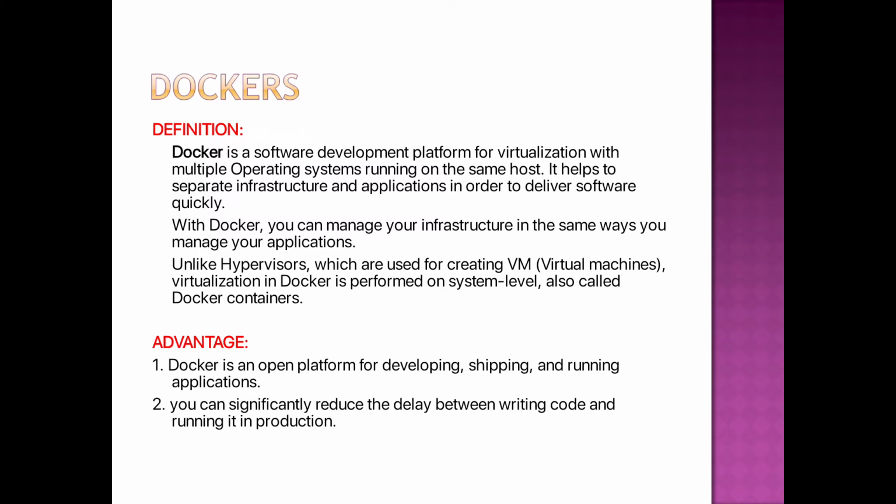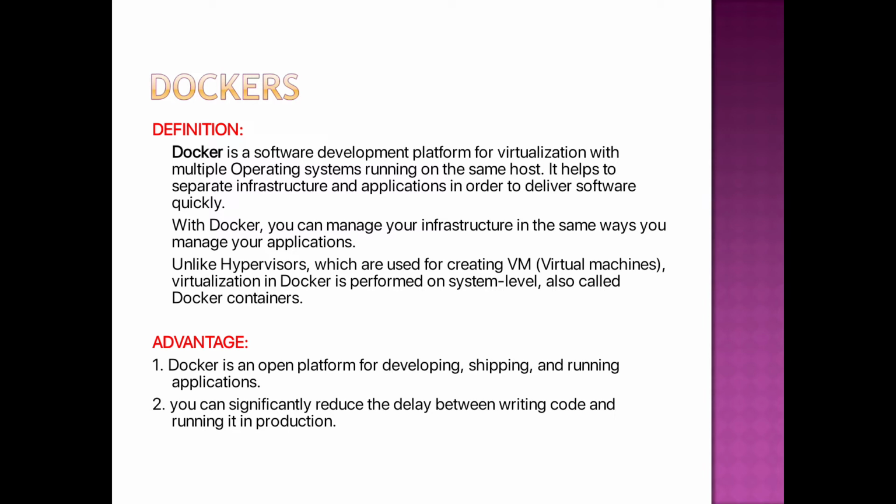Now see why we go for Docker instead of the normal environment for applications. The main thing is that with the help of Docker, we provide virtualization so that multiple operating systems can run on the same host. Unlike hypervisors, Docker is separate from hypervisors, and I am stressing this because Docker is very different.